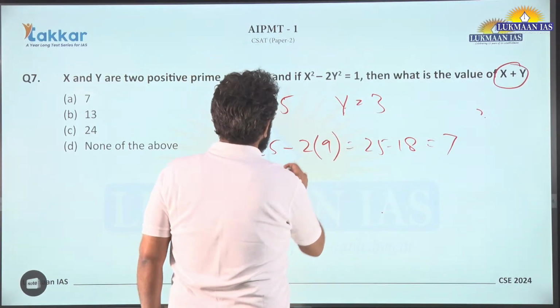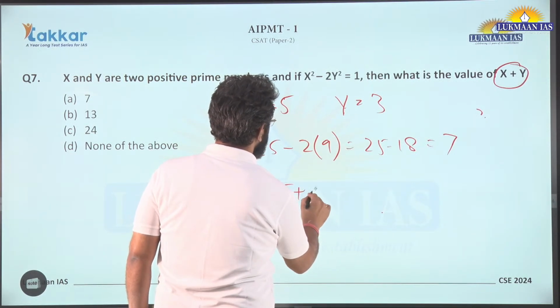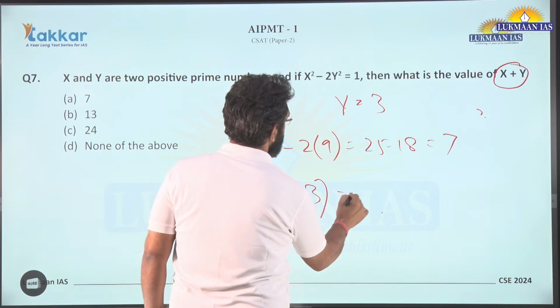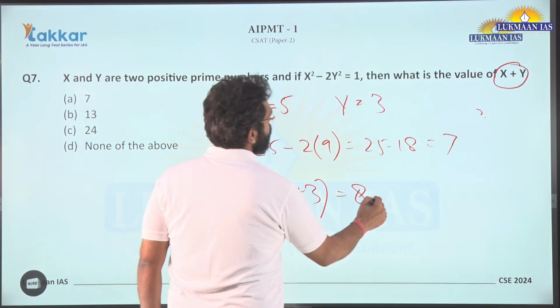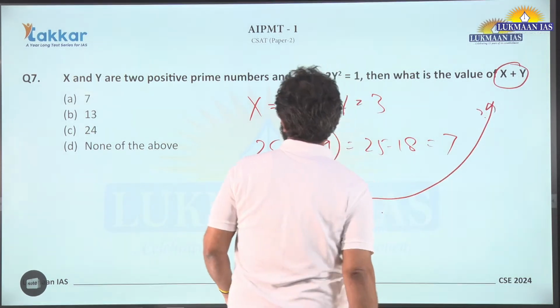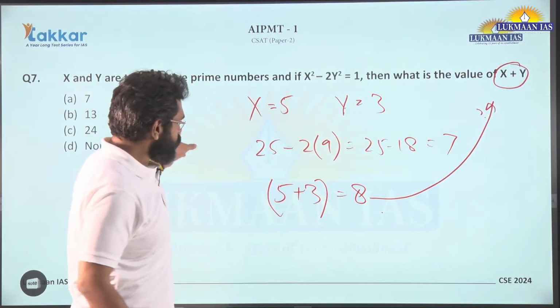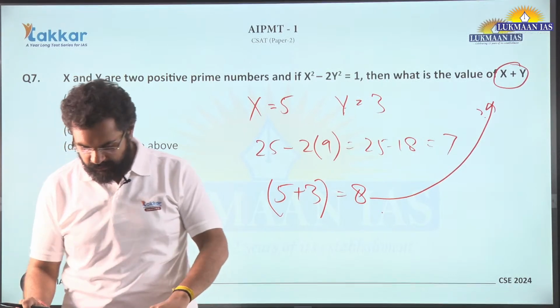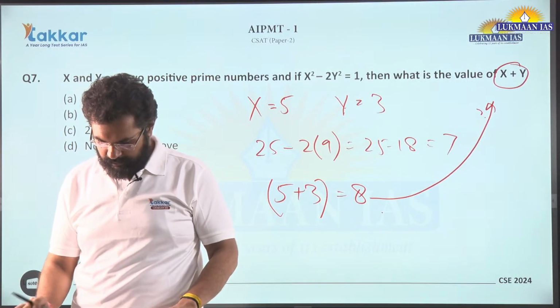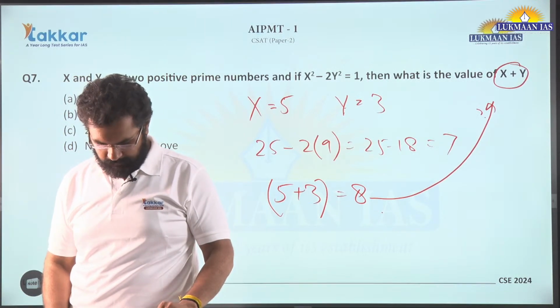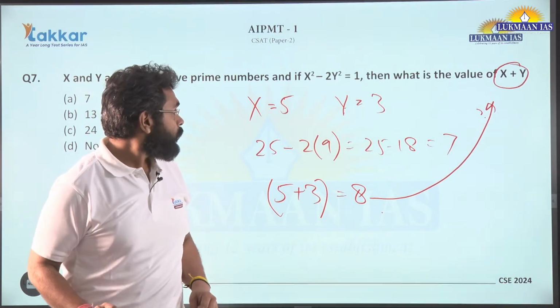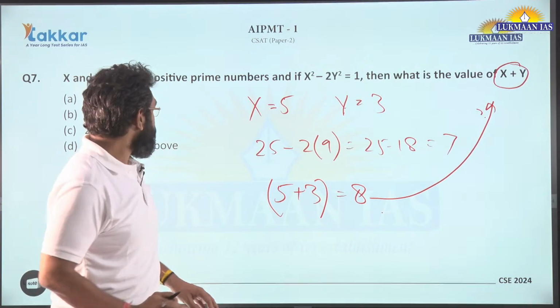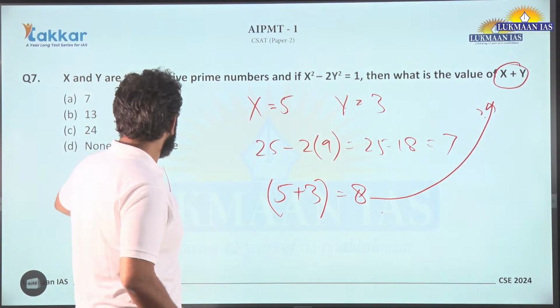But 5 plus 3 equal to 8. This would still not satisfy the problem. So the answer for this question would be D, none of the above. Let's see the next question.